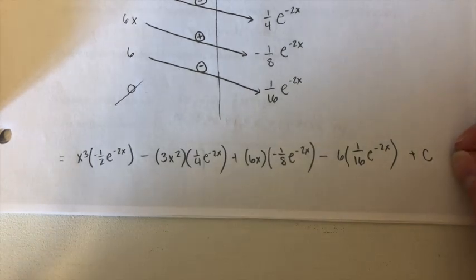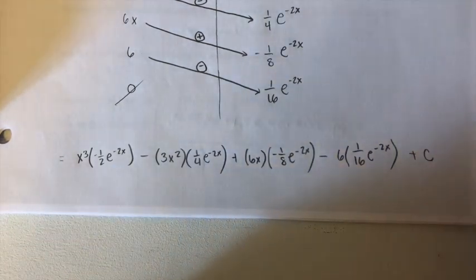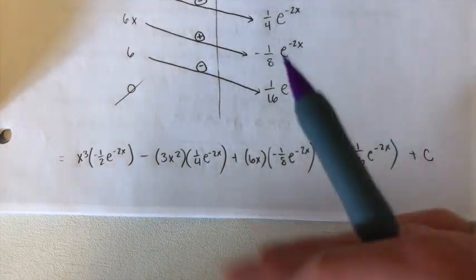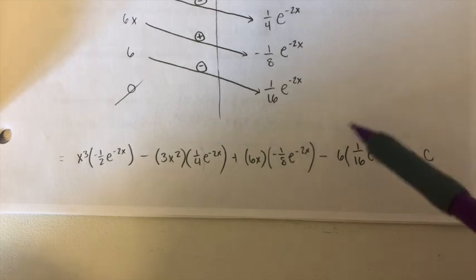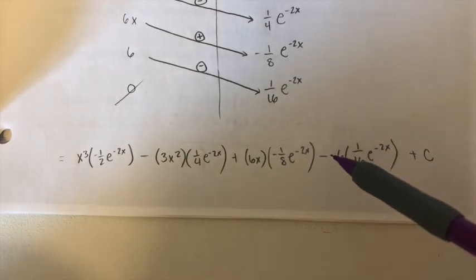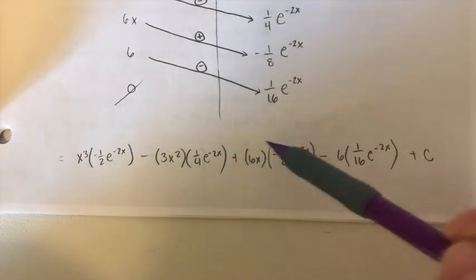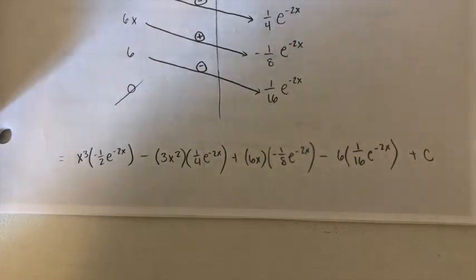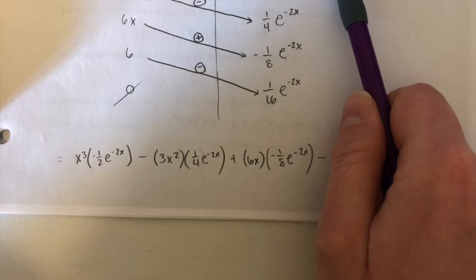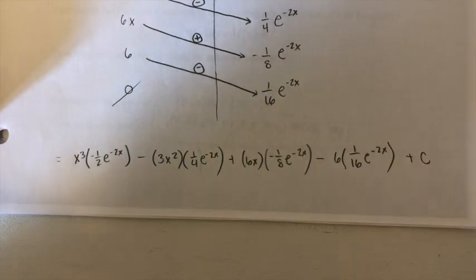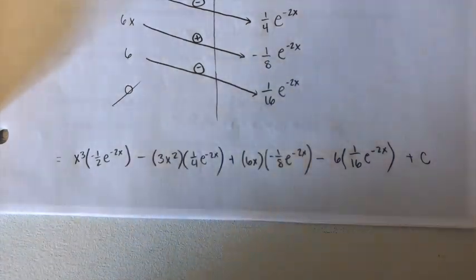If you want, you can go back and do the last example on the last page again using tabular, and you're going to get the exact same result, but it's going to be way quicker. So instead of doing integration by parts multiple times, if it's anything more than an x squared, even when it is an x squared, I would still do tabular because it's just much easier.